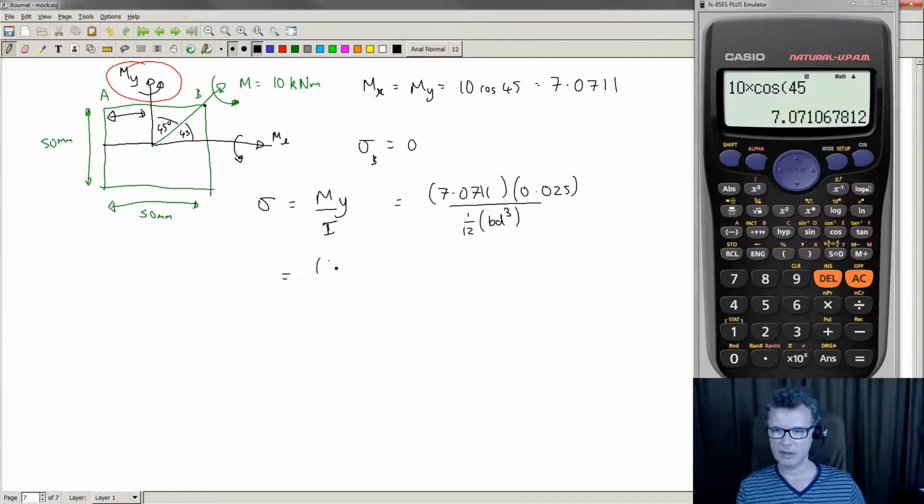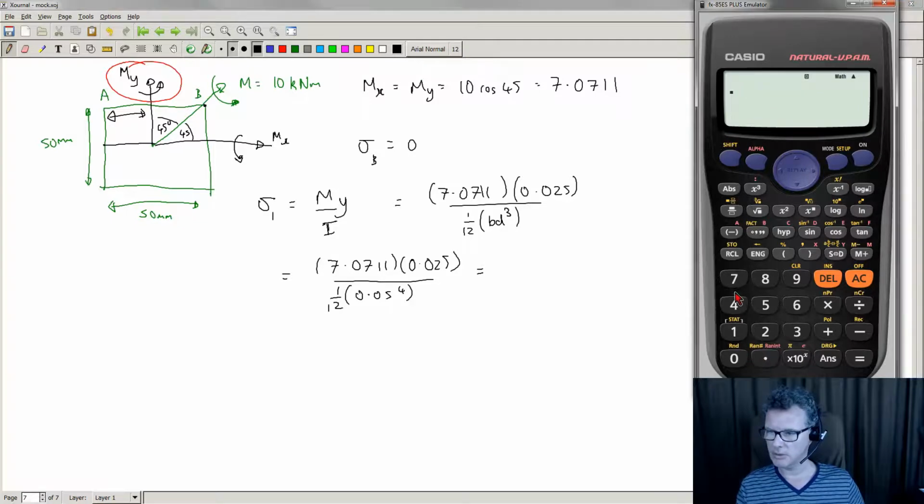So we want to put in 7.0711, 0.025 divided by 1/12 times by 0.05 to the power 4. Right, so the stress created by this component in the y direction will be given as this value here. I'll label this as stress 1 component. So what's that work out to be?